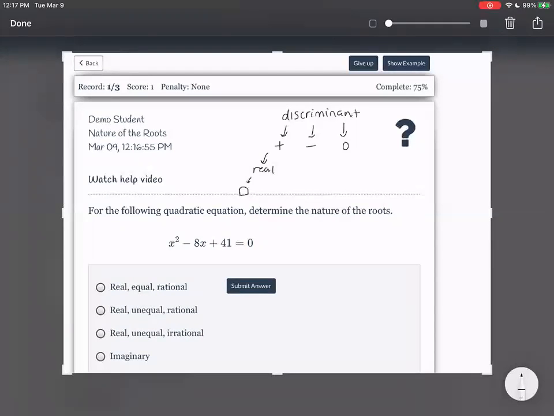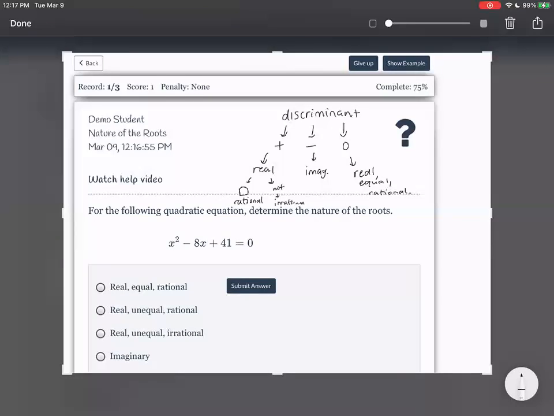If you have a perfect square, then it's rational. And then if it's not a perfect square, then it's irrational. If it's negative, it's just imaginary. I'm just going to write that for imaginary. If it's 0, it's real, equal, rational.